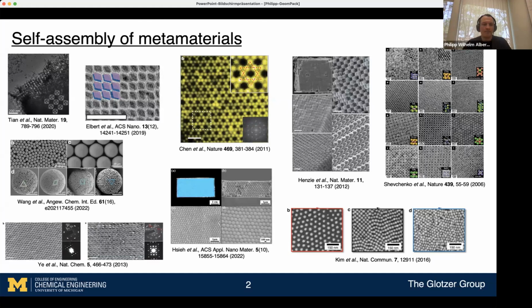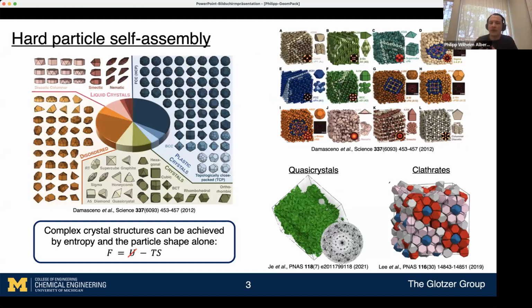But the interesting part of this is that often, to create these kind of crystals, we don't even need this degree of complexity. We can look, for example, at only one specific attribute of a particle, for example, its shape.